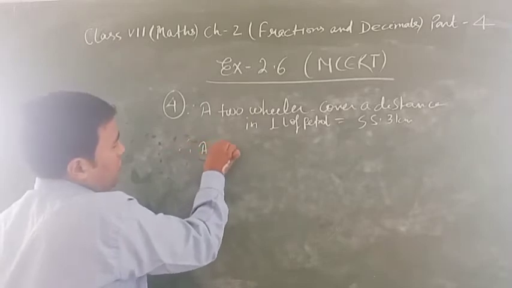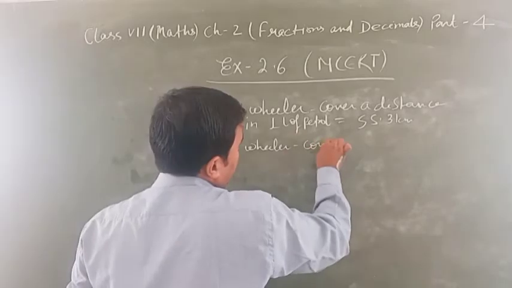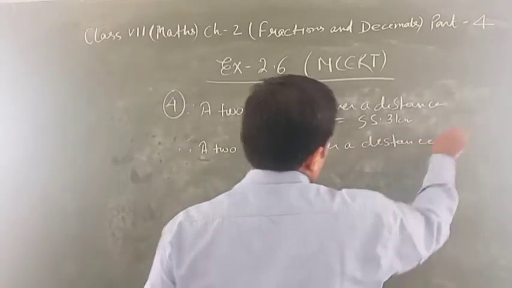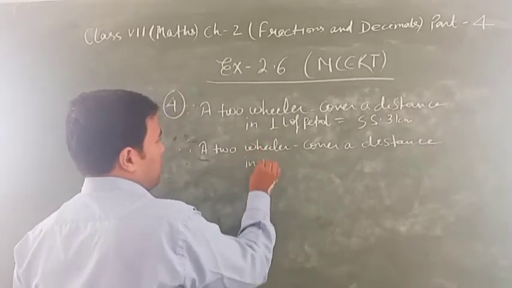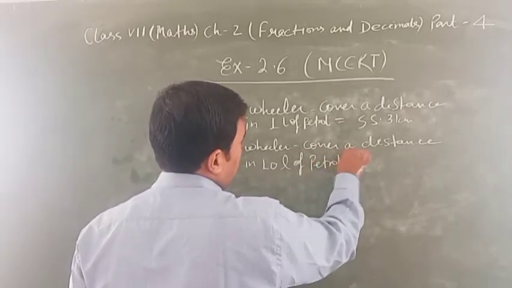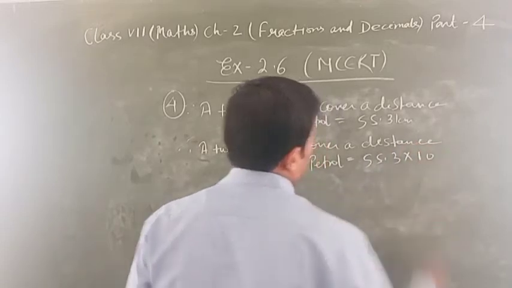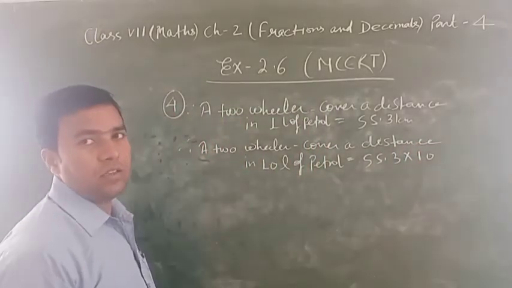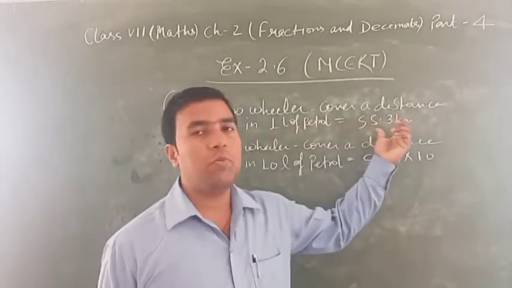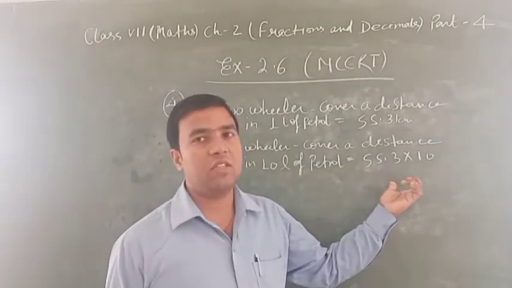Therefore, a two-wheeler covers a distance in 10 liter of petrol means 55.3 into 10. Do multiply. In 1 liter of petrol, 55.3 kilometer is going. In 10 liter of petrol, how much distance will it cover?